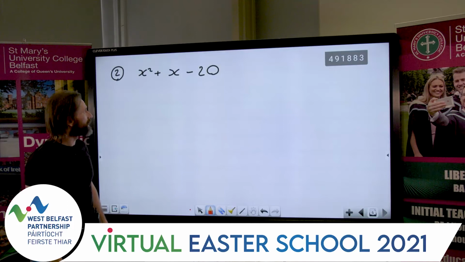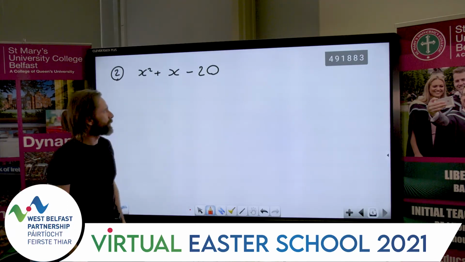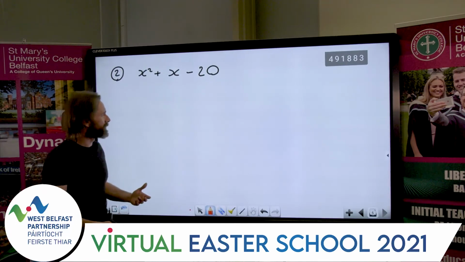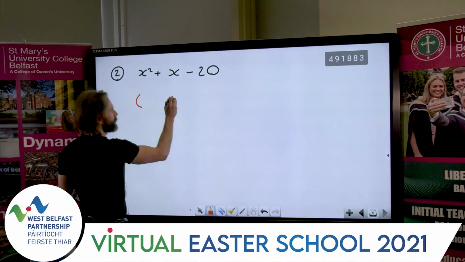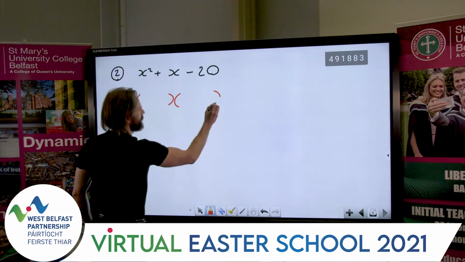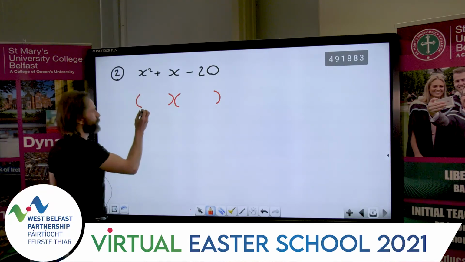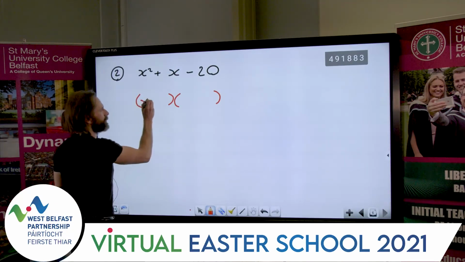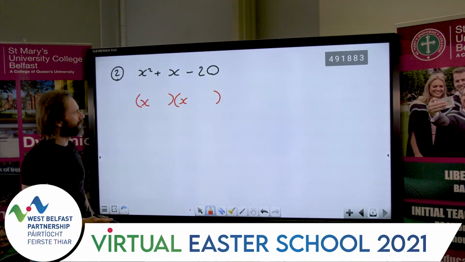So in our second example, a wee bit trickier in the sense that we have a plus x and a minus 20. So we're not dealing with everything being positive here. Start off looking at the equation the same way. So we're trying to revert it into two brackets again. And if we think of FOIL in reverse, the only way we could end up with an x squared as our first term is if both brackets had an x at the start of them, okay?